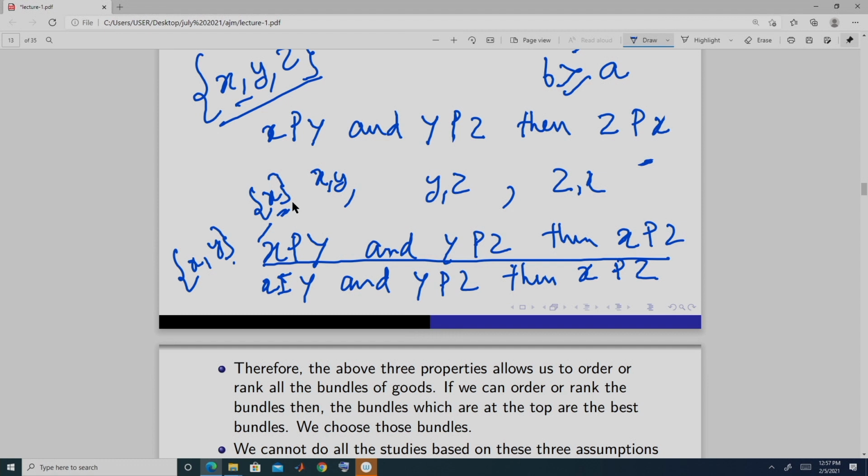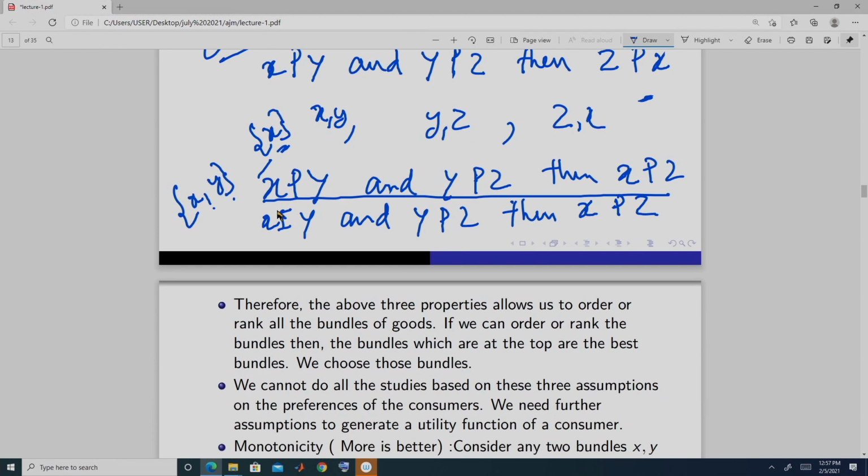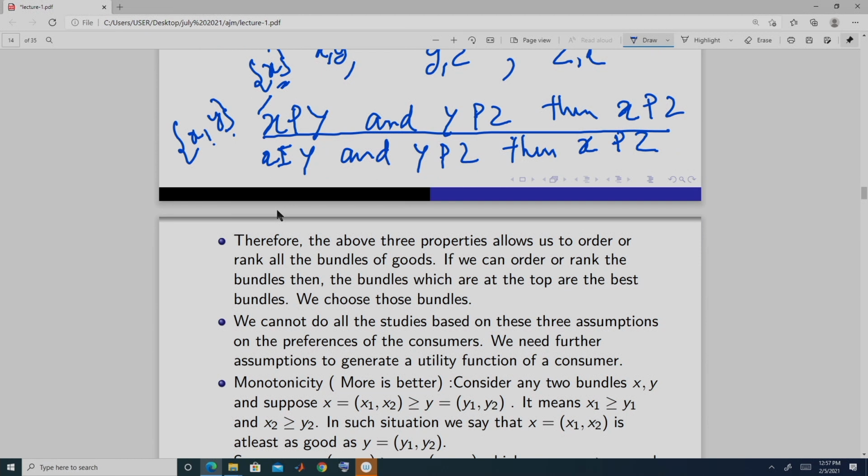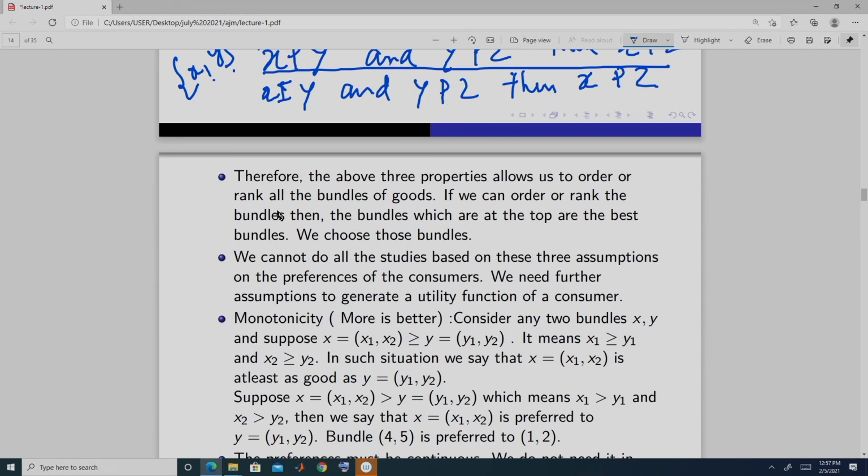If the preferences are of this nature, then we will have two best bundles. If preferences are of this nature, then we will have only one. So these three conditions or assumptions allow us to find the best element or best bundle from a set of bundles.